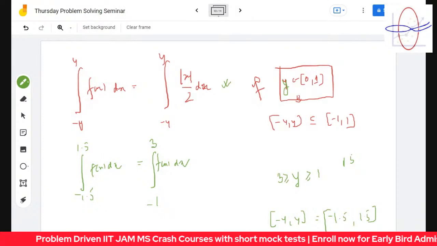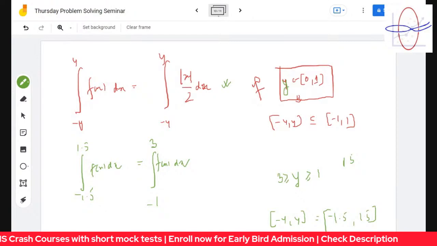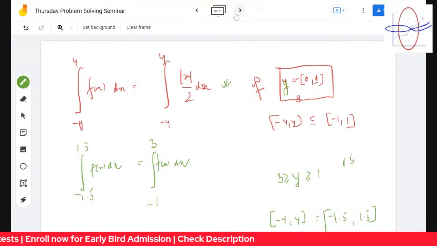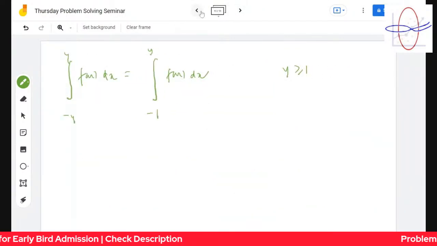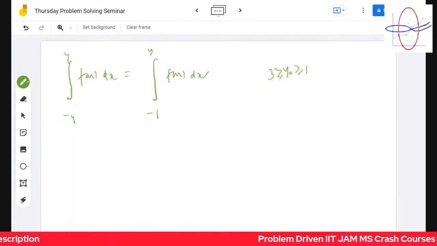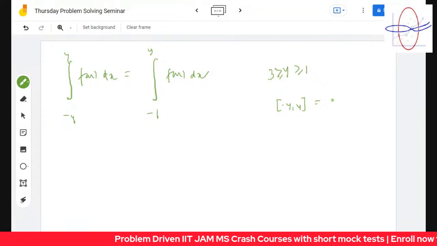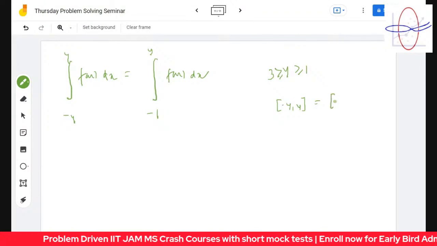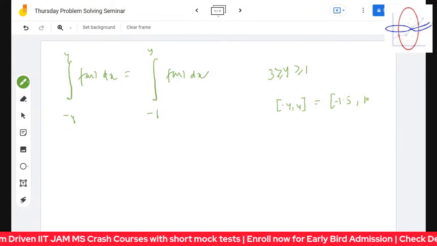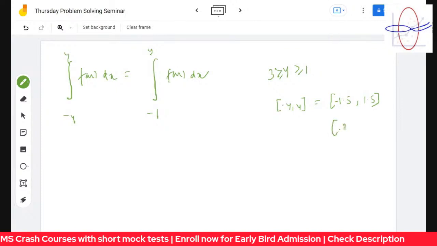Did you understand this part? This is also another step. This mathematics part? Y is greater than or equal to 1 and less than or equal to 3. For this, how will minus y to y look? It will look like, let's say an example, minus 1.5 to 1.5. It will look like minus 2 to 2.